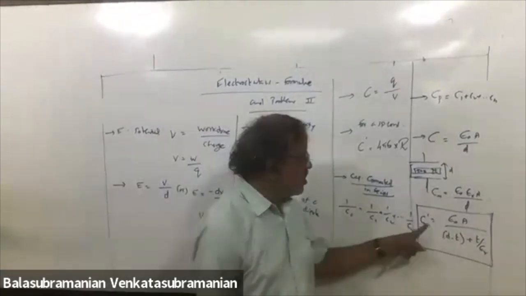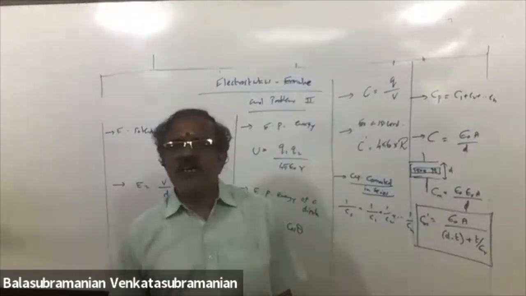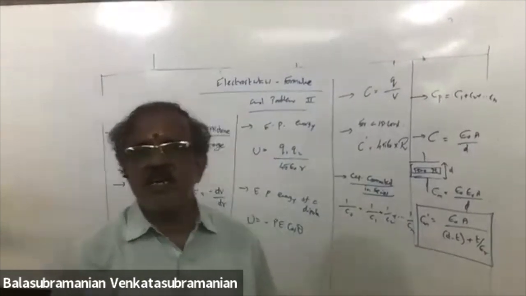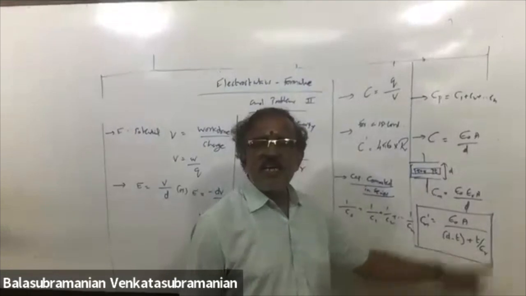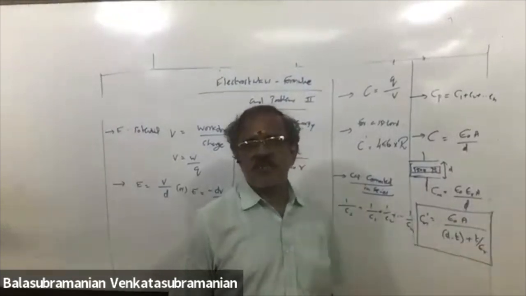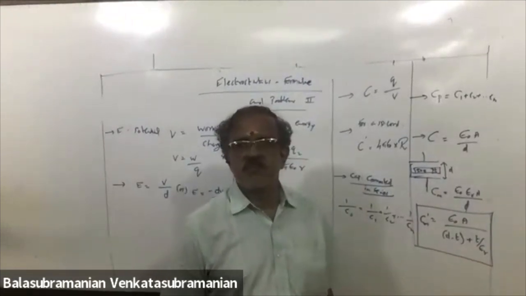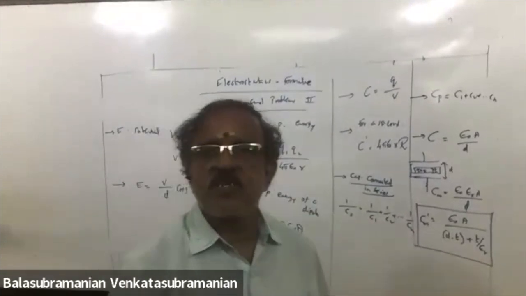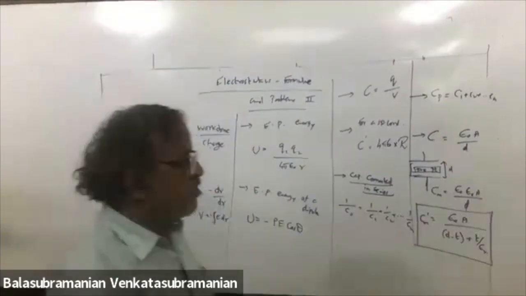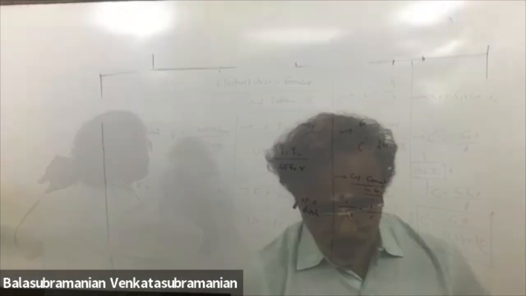So this is capacitance with partial dielectric. Remaining D minus T is air space, T is the dielectric thickness. Correct? So with these basic formulas, we are going to do the problems.